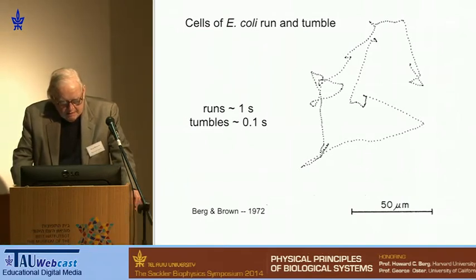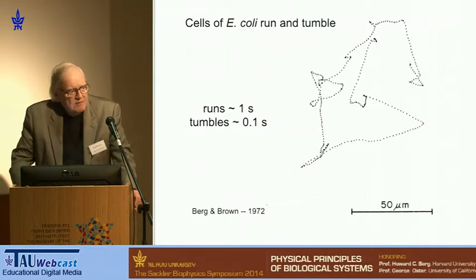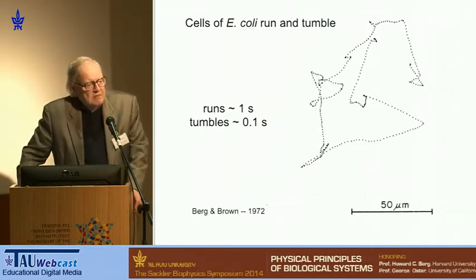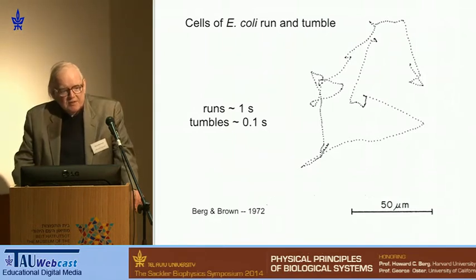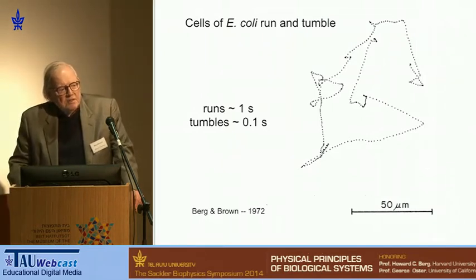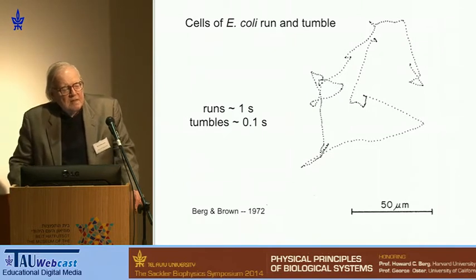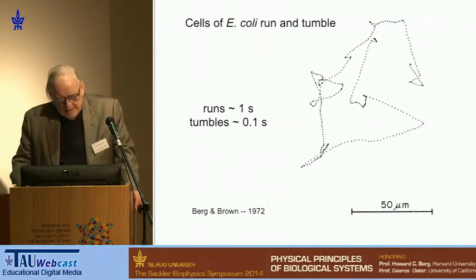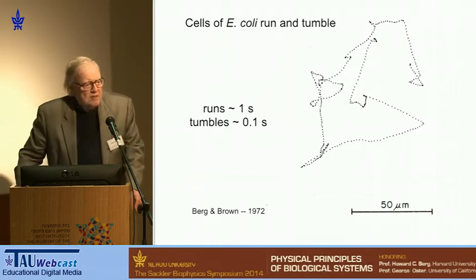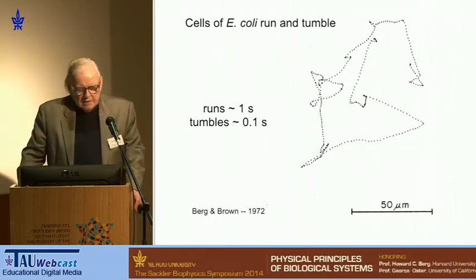And the data here from 1972 is collected before many of you were born. But the cells pick a direction and they swim in as straight a line as they know how. And then after a second or so on average, they jump about briefly and go off in a different direction. And the directions they go in are chosen more or less at random, so this is a random walk.